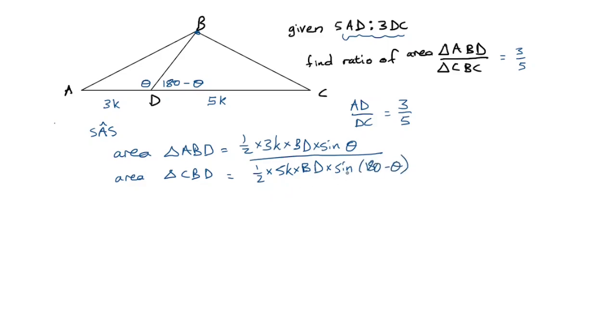What ends up happening is half cancels with half, K cancels with K, BD cancels with BD, and the reduction of sine 180 minus theta is in the second quadrant where sine is positive. So it just reduces to sine theta. So sine theta will cancel with sine theta. And all I'm left with, like I said in the little trick, is the 3 and the 5.